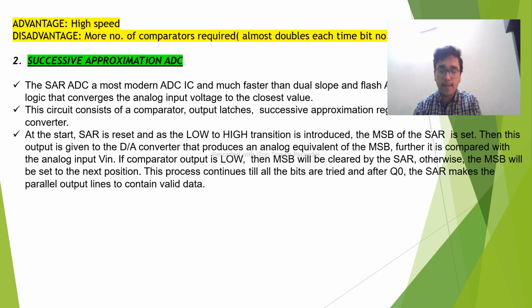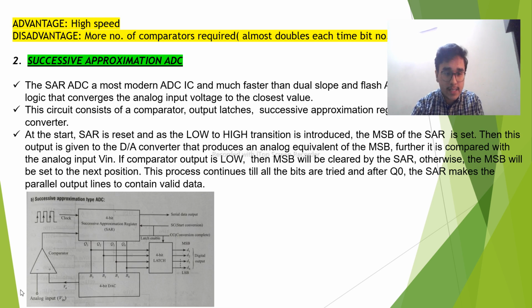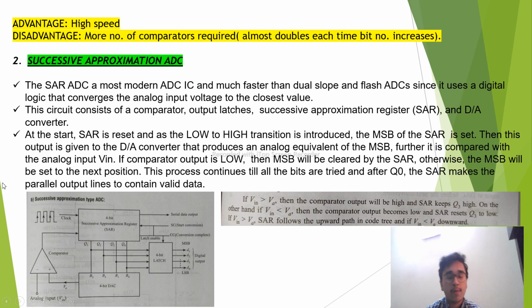The next type of ADC is called the successive approximation ADC. The successive approximation ADC is the most modern ADC integrated circuit, and it is much faster than the dual slope, which we will see in the further slides, and the flash ADC, since it uses digital logic that converges the analog input voltage to the closest value.